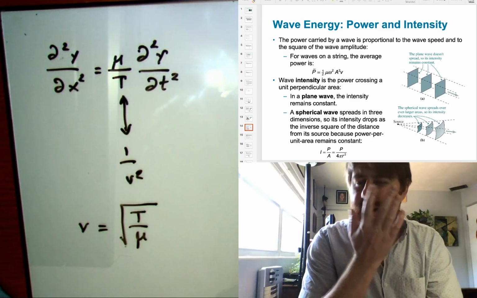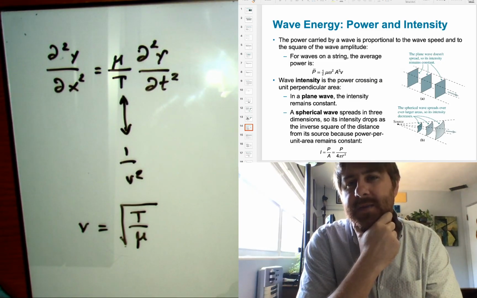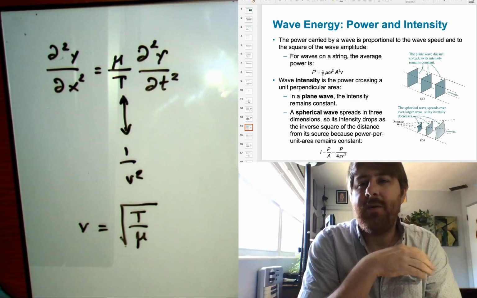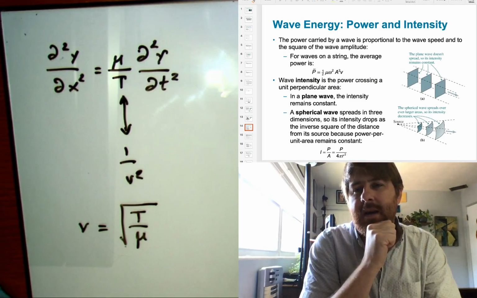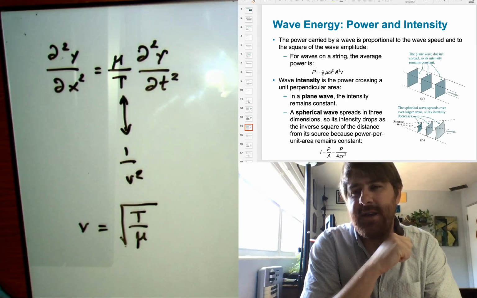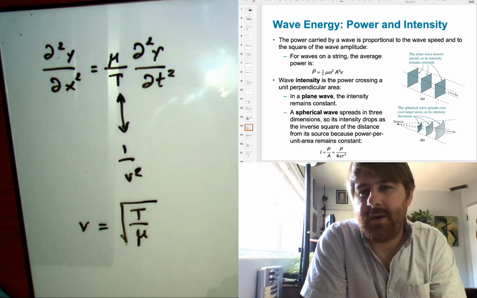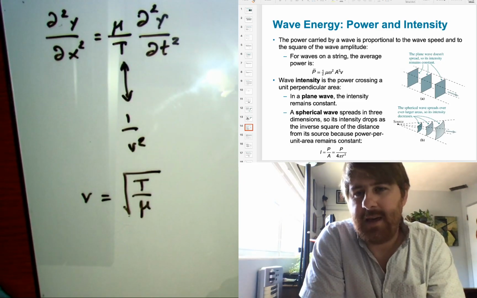If we have waves like sound waves or light waves that propagate in 3 dimensions, then the power is conserved. Energy is conserved, and if that energy is not going anywhere else, it stays in the wave.